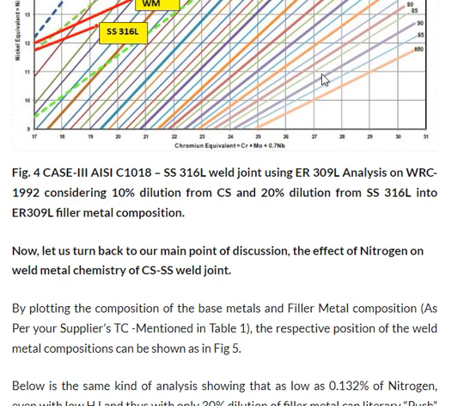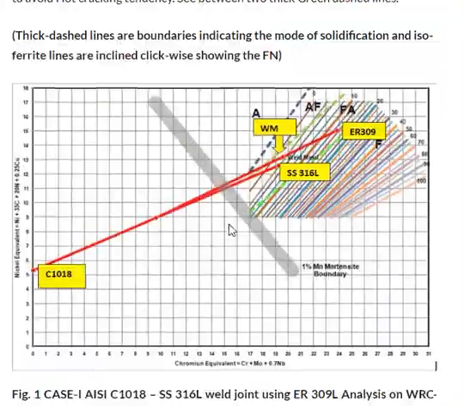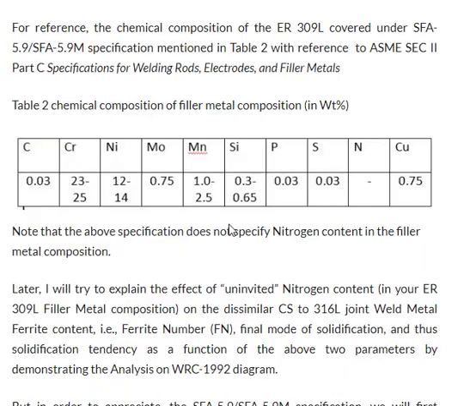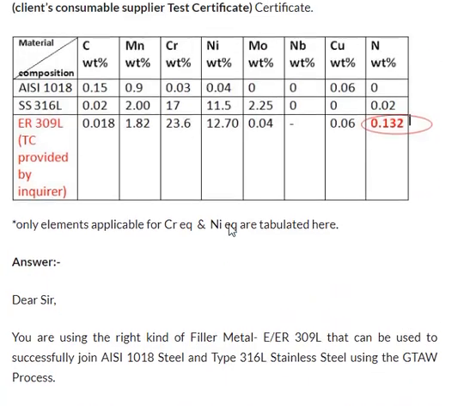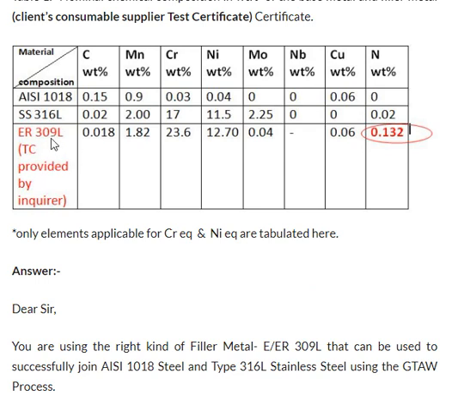Now we want to figure out what will happen to the weld metal composition when there is nitrogen present in the weld metal chemistry. So let us use the composition provided by the inquirer, the test certificate of the ER309L used by the fabricator.